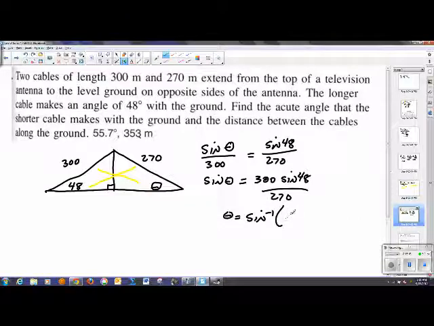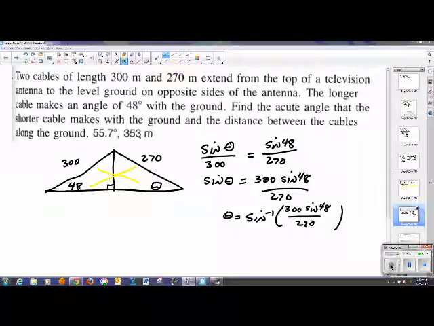Now I've got to go to my calculator and calculate theta using an inverse sine. So I take the inverse sine of 300 sine 48 over 270, making sure once again I'm in degree mode. And after plugging that in, I get roughly 55.66 degrees for this angle.